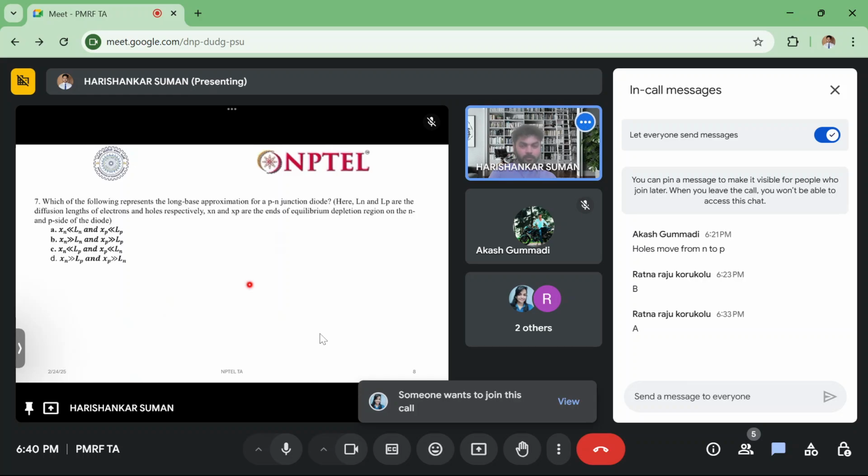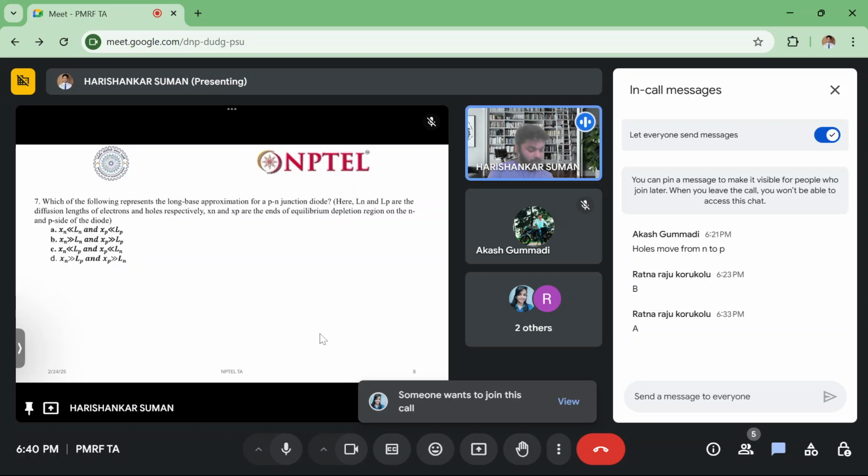So this is the next question. Which of the following represents the long base approximation for a p-n junction diode? Here Ln and Lp are the diffusion lengths of the electron and holes respectively.